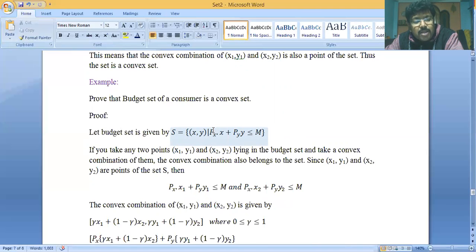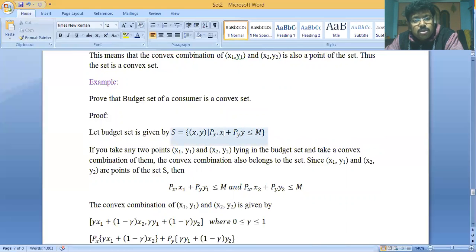So px is the price of commodity x, and py is the price of commodity y. x represents the quantity of commodity x, y represents the quantity of commodity y, and m represents the money. So this is the budget equation.